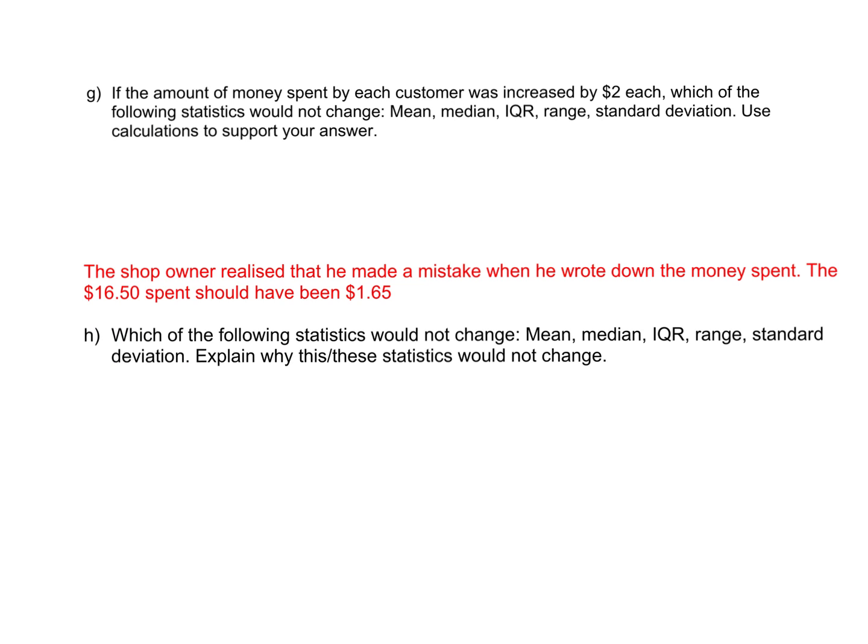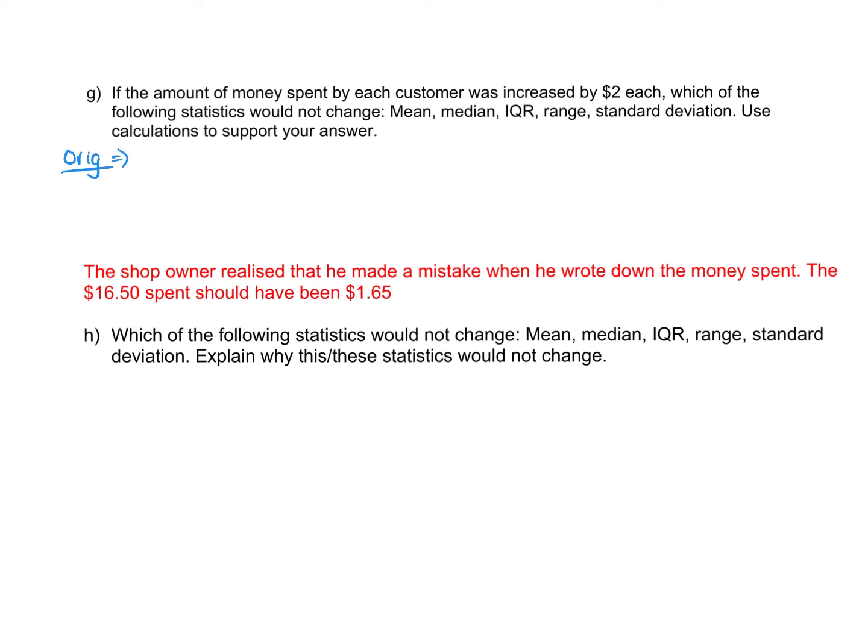Okay, so if the amount spent by each customer was increased by $2, which of the following statistics would not change? So what I did, if we added $2 to every number there, I'll write out what we would see. So we'll say this is what originally happened.